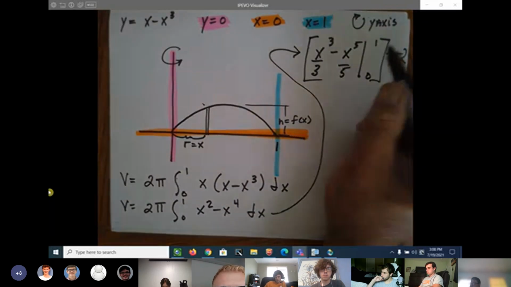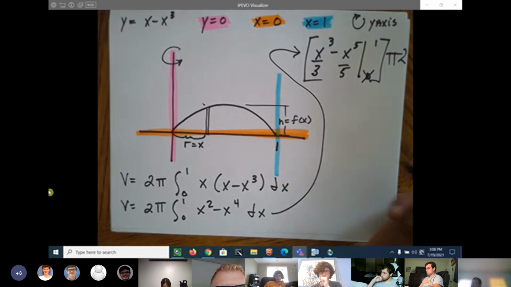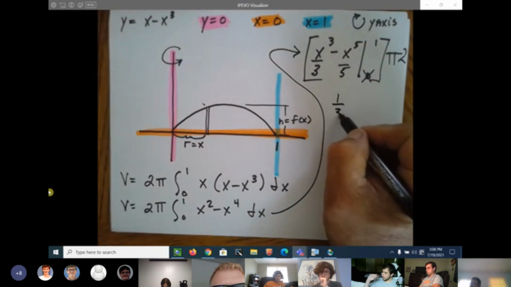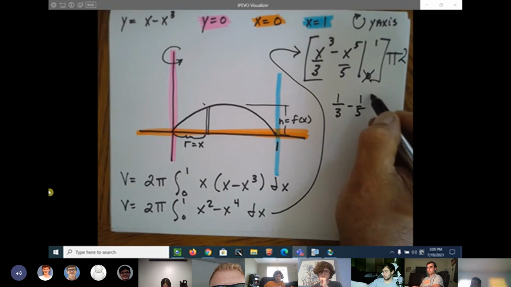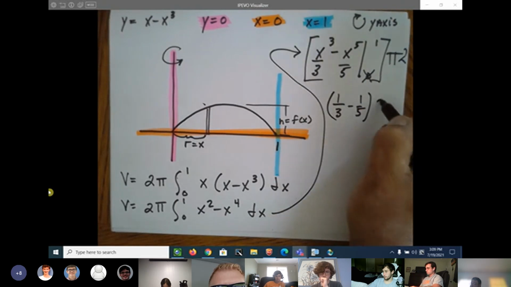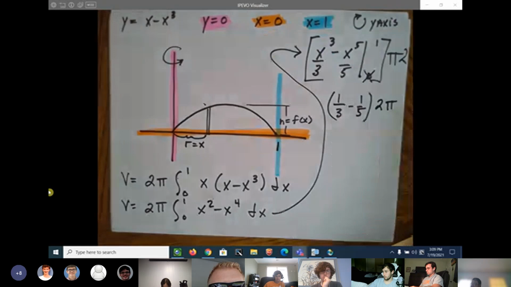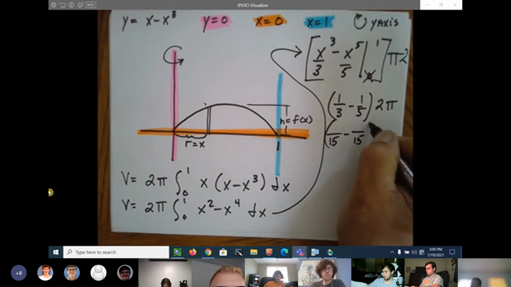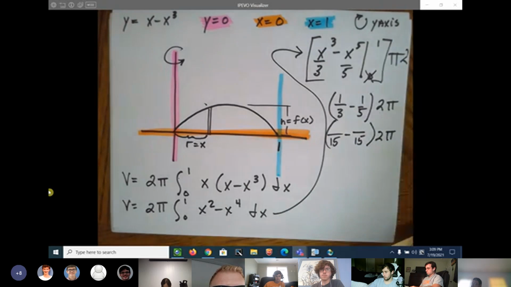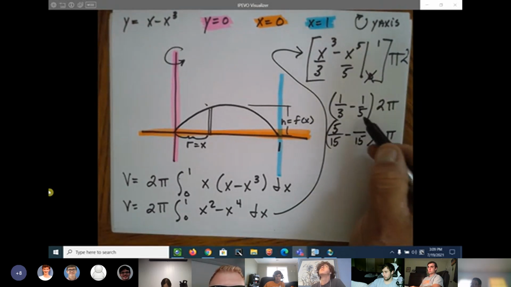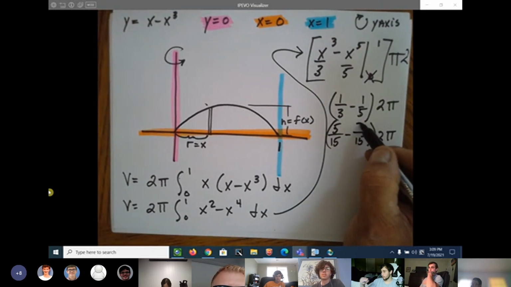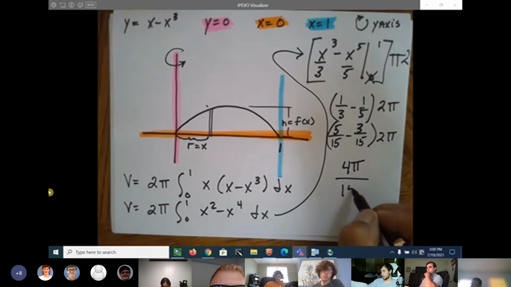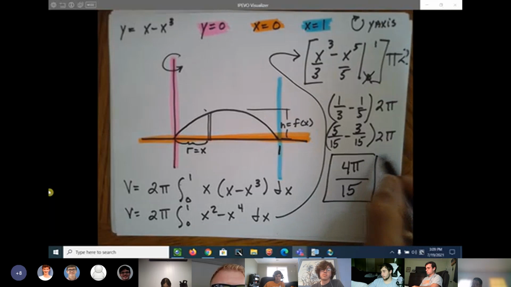Now 0 takes itself out. And that leaves you with 1/3 minus 1/5 times 2 pi. And a 15 here and a 15 here. 5 minus 3 is 2, so 2 times 2 pi. 4 pi over 15 is what I got.